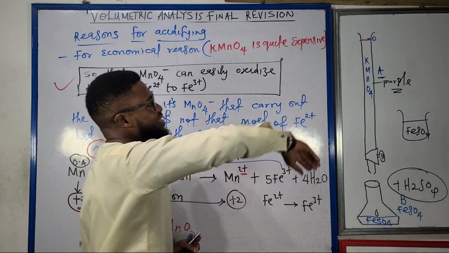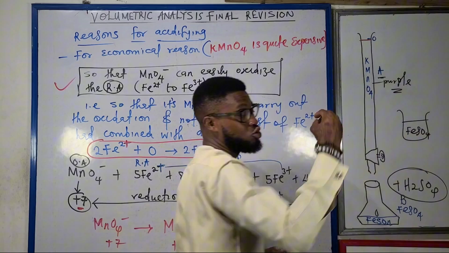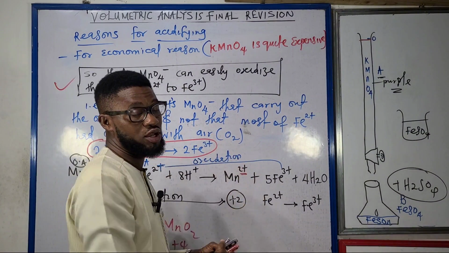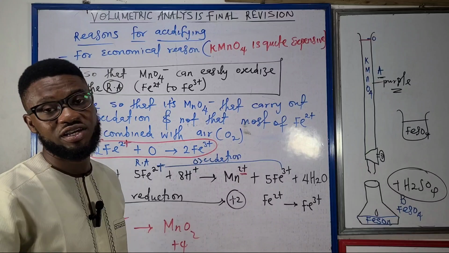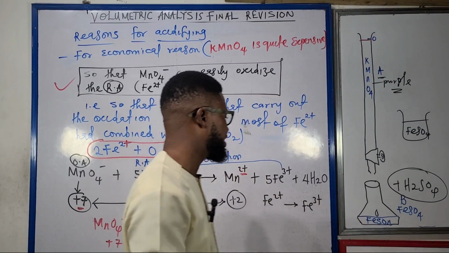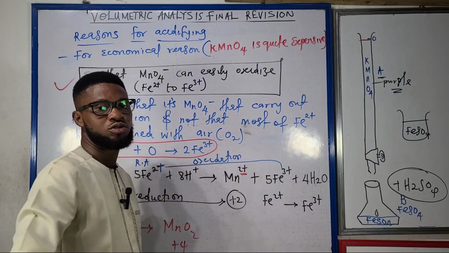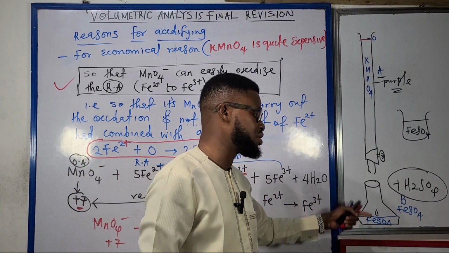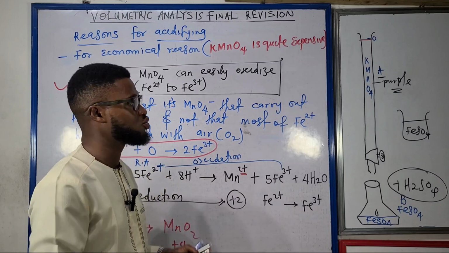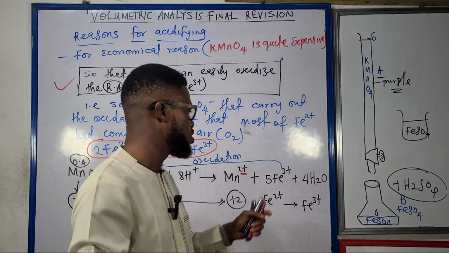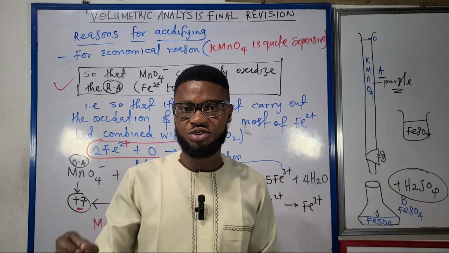That way, the amount of KMnO4 we are going to use before we get our endpoint, a color change, is going to be very minimal, because when the KMnO4 comes here, there is more than enough iron 2 ion that will give out electron and be oxidized. So that is the reason. It is to prevent oxidation of iron 2 ion to iron 3 ion.